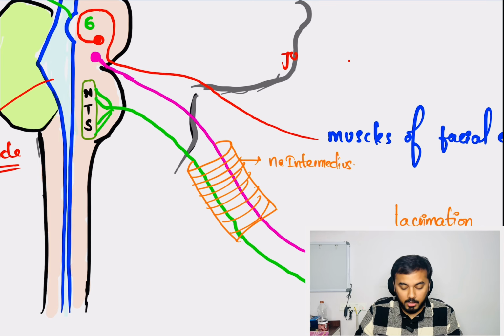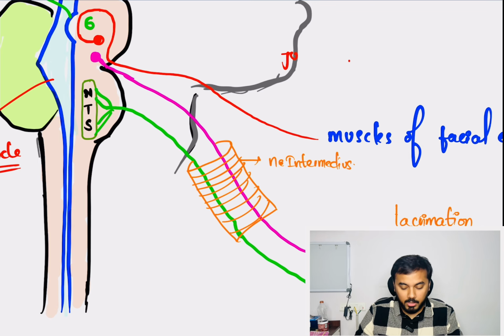Once it has entered, it will relay in this geniculate ganglion. From here you have got postganglionic fibers, right? Now this postganglionic fibers, what will happen? This will go posteriorly backward.